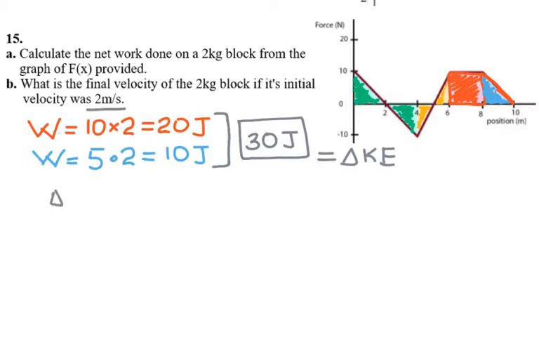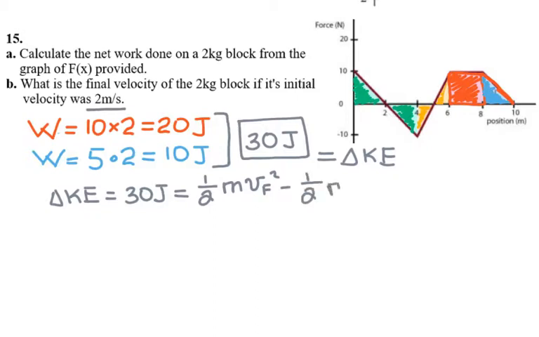So if the change of the kinetic energy is equal to 30 joules, that means 1/2 m times final velocity squared minus initial velocity squared is equal to 30 joules.